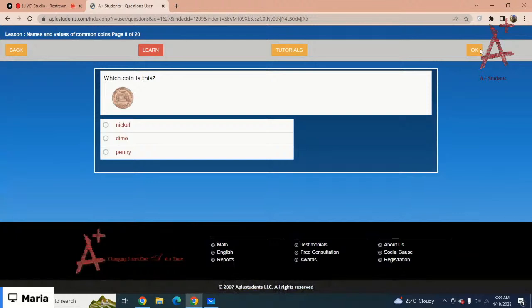Okay, which coin is this? Nickel, dime, penny. It would be dime.